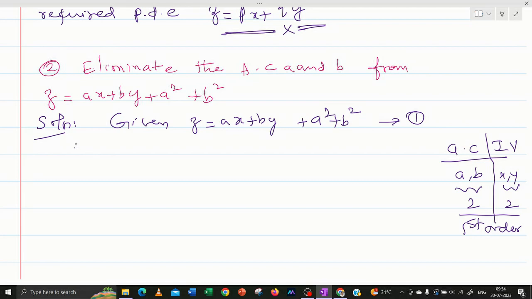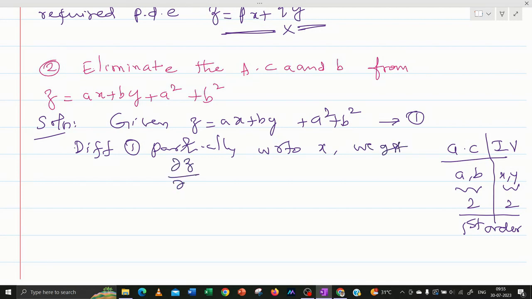First, differentiating 1 partially with respect to x, we get dou z by dou x equal to a, that implies p equal to a. This is equation number 2.